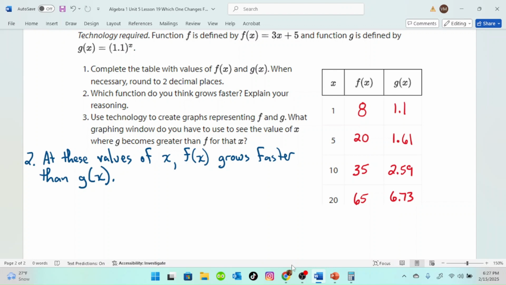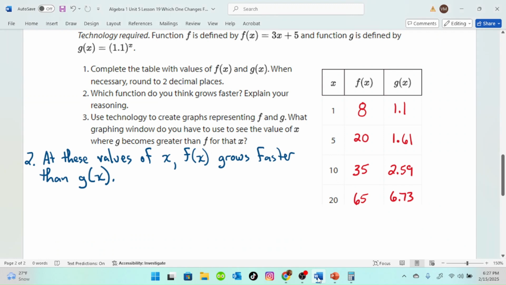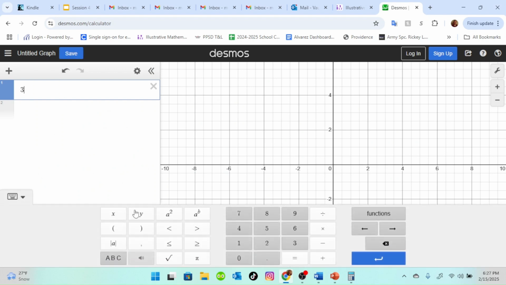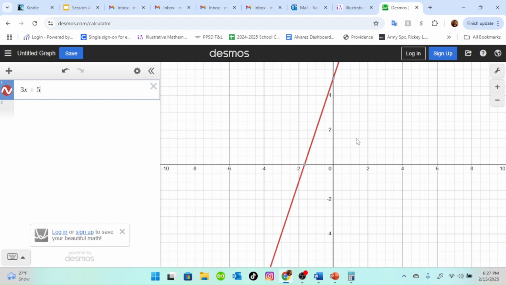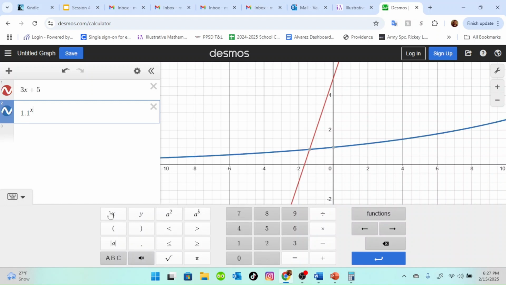So we go to the Desmos.com calculator, and in the first one, we had 3 times x plus 5. So now we can see this red line represents that graph. The next one was 1.1 to the power of x.